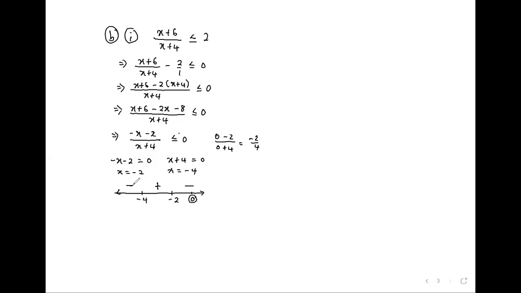The question says where it is less or equal to 0, so the solution set is going to be from minus infinity to -4, we don't include -4 because it's coming from the denominator, union -2 to infinity. We include -2 because it's coming from the numerator.